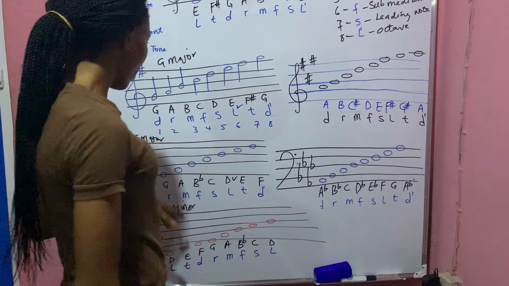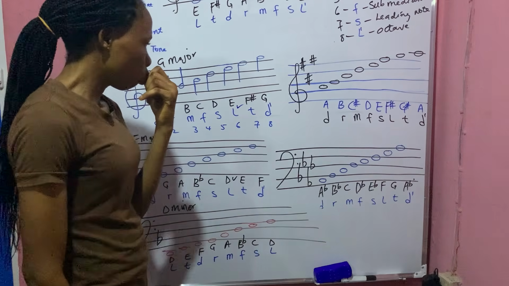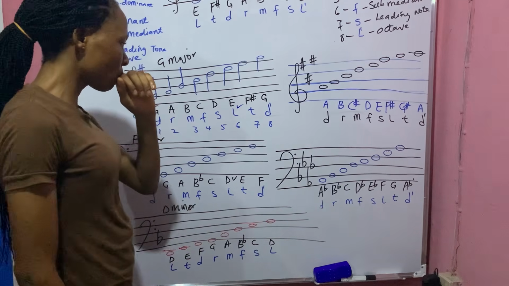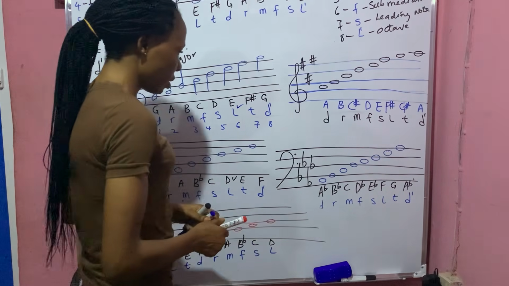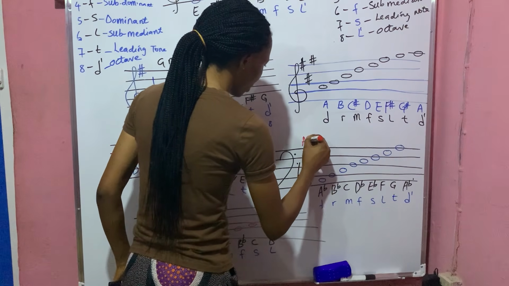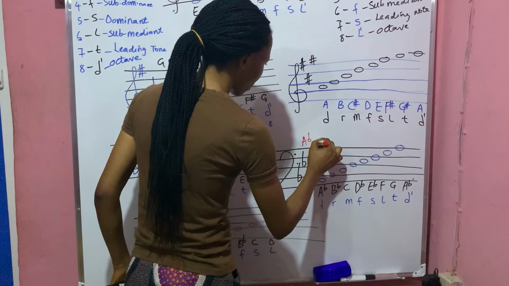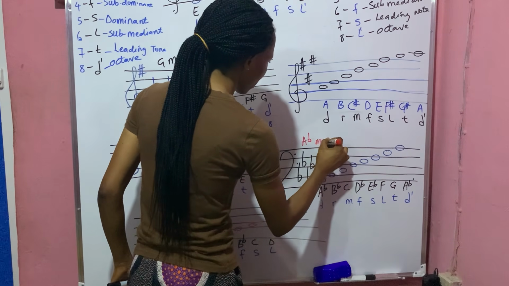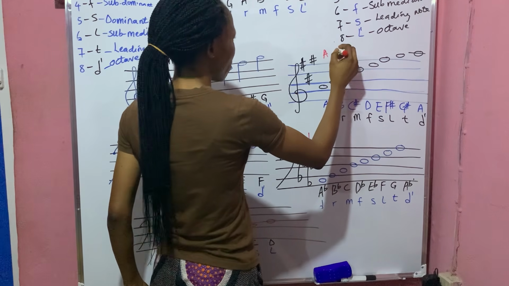Okay, we are done with this. Let's do one more. I may likely not do B flat. I will add this to your assignment. Or A flat. This is A flat major. And this is A major.